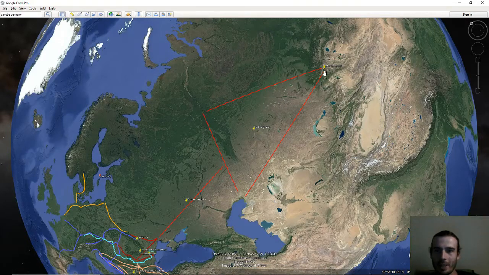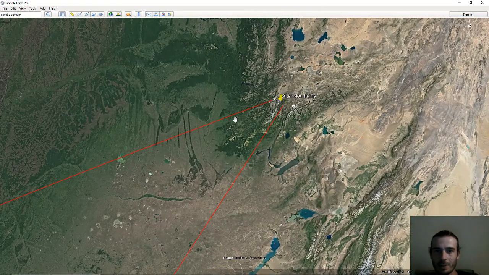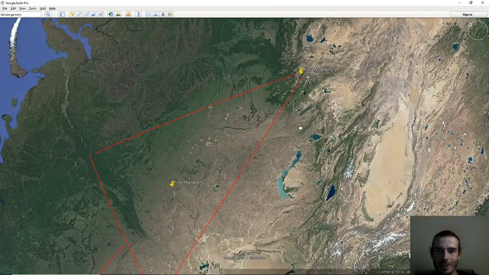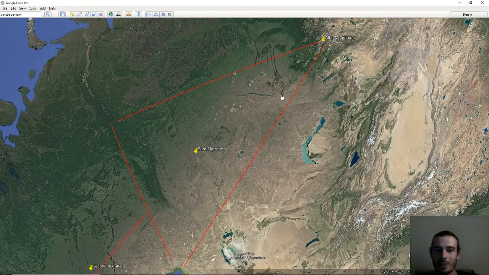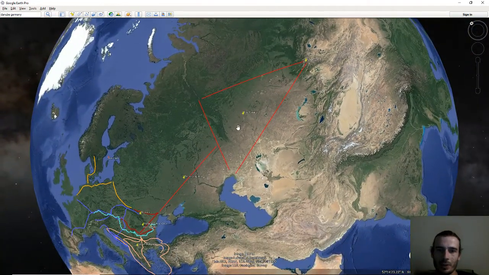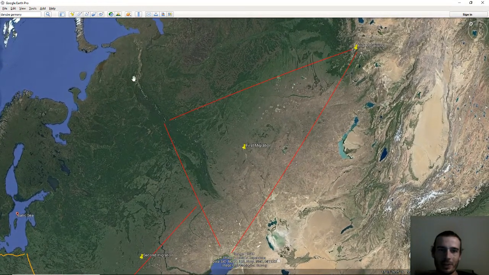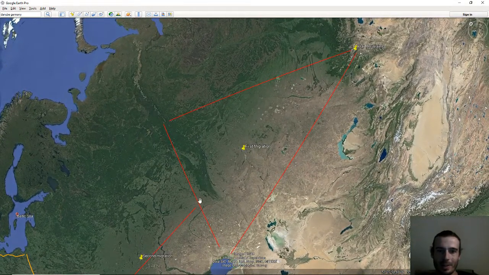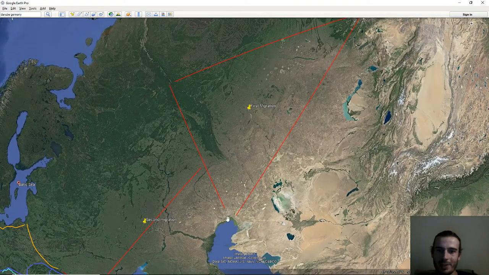So they came from this area, somewhere around here, according to Densușianu, and they moved outwards, westwards, in this general pattern towards what he says the South Urals, which is this mountain range, and the north of the Caspian Sea.